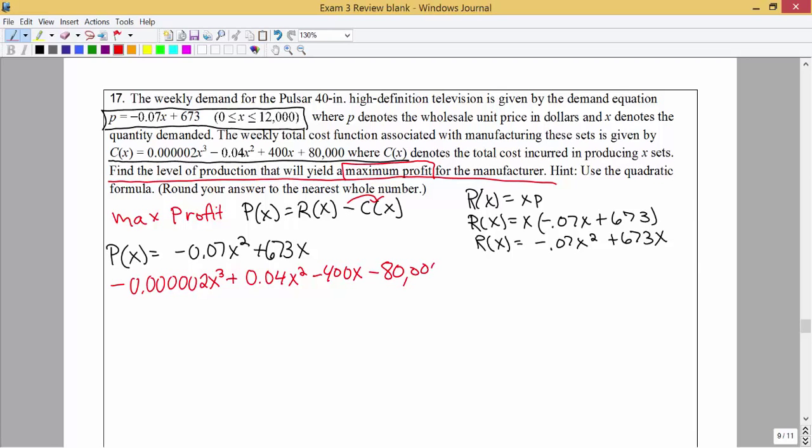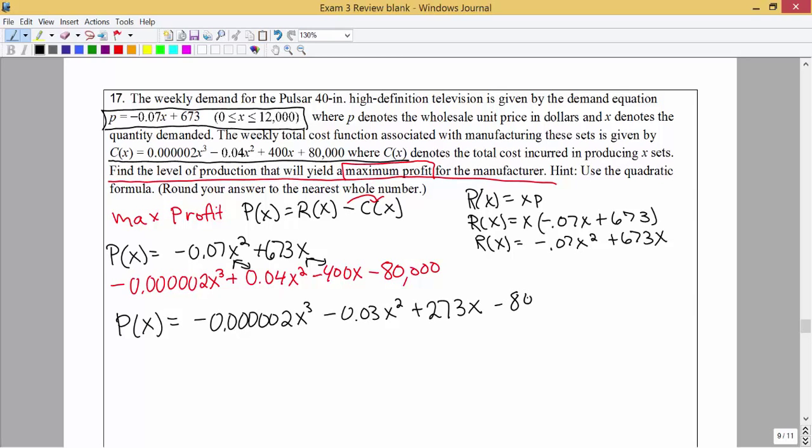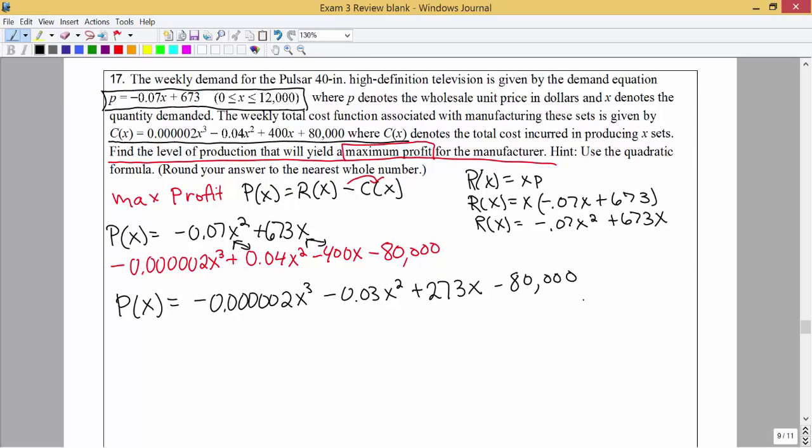So we're going to subtract off all of those terms. So the profit function, when we combine our like terms, should look like this. Combine these two, I get negative 0.03x squared. Combine these two, I get positive 273x, and then minus 80,000. Alright, so this is the profit function.